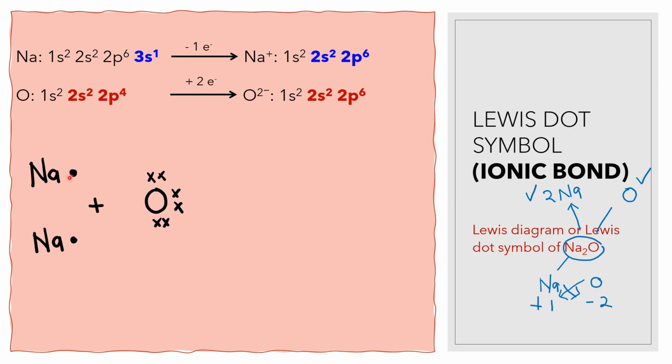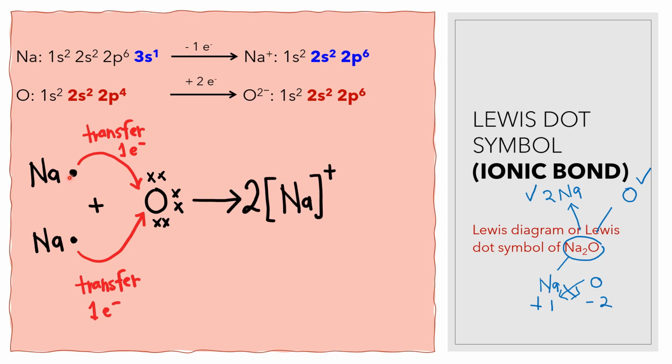What happens is 1 electron from 1 sodium transfers to oxygen, and 1 more electron will transfer to the same oxygen. Each Na loses 1 electron, becoming Na+. Since 2 sodium atoms each lost 1 electron, you need a 2 in front, so 2 Na+.